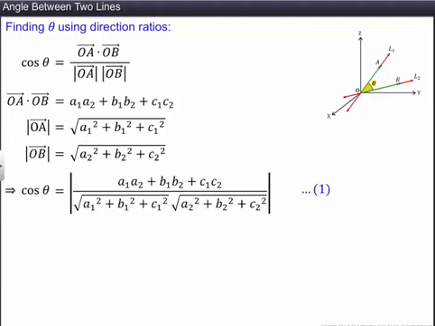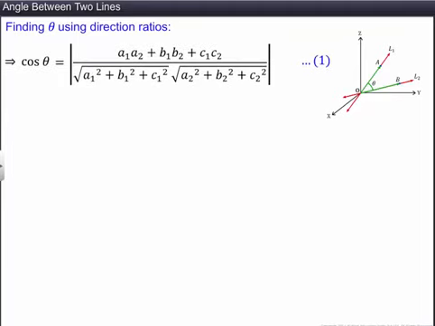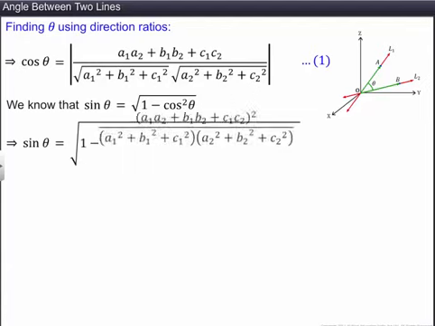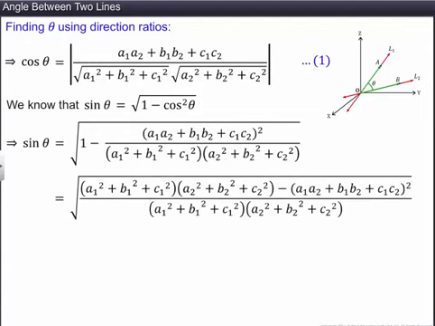Now, we will find the sine of angle theta between vectors OA and OB. From trigonometric identities, we know that sine theta is equal to under root of 1 minus cos square theta. On simplifying, we get the expression for the sine of angle theta between lines L1 and L2. Let this be equation 2.